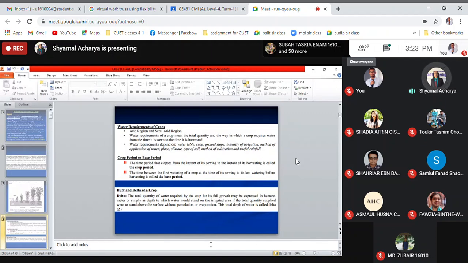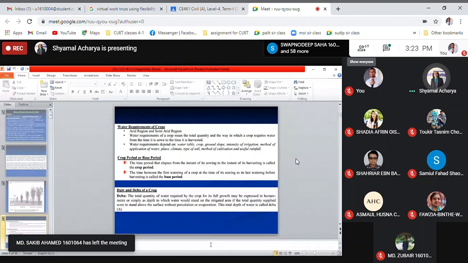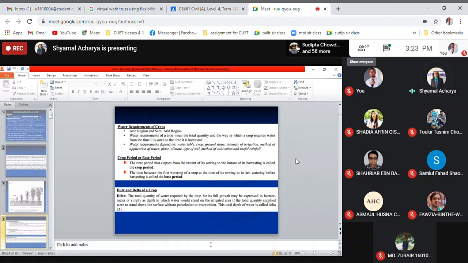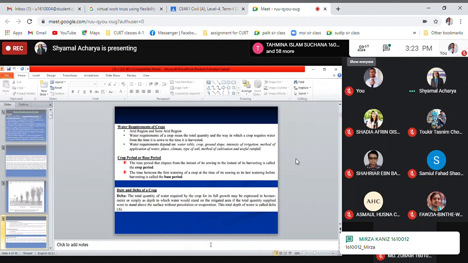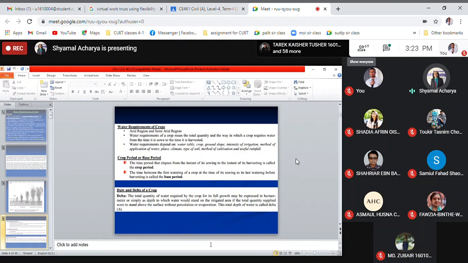Water requirements depend also on these factors. The water table: a high water table means less water application. Ground slope: a high ground slope means high water application. Crop: different crops will require different types of water. Intensity of irrigation: if you are intending to apply quickly over a short period, then there is less water application.